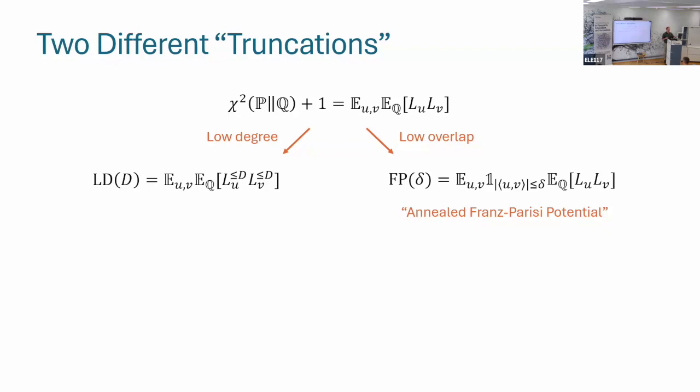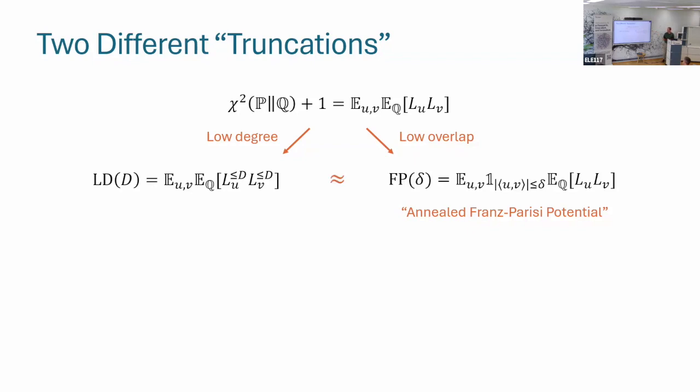If I draw U, a random vector from whatever prior, and draw V, another random vector, then in the typical case, you expect these to have small overlap. Whereas maybe in some rare case, if you get lucky, they would be very close, they're the same. And so the second thing means restrict to the contribution from the typical case.